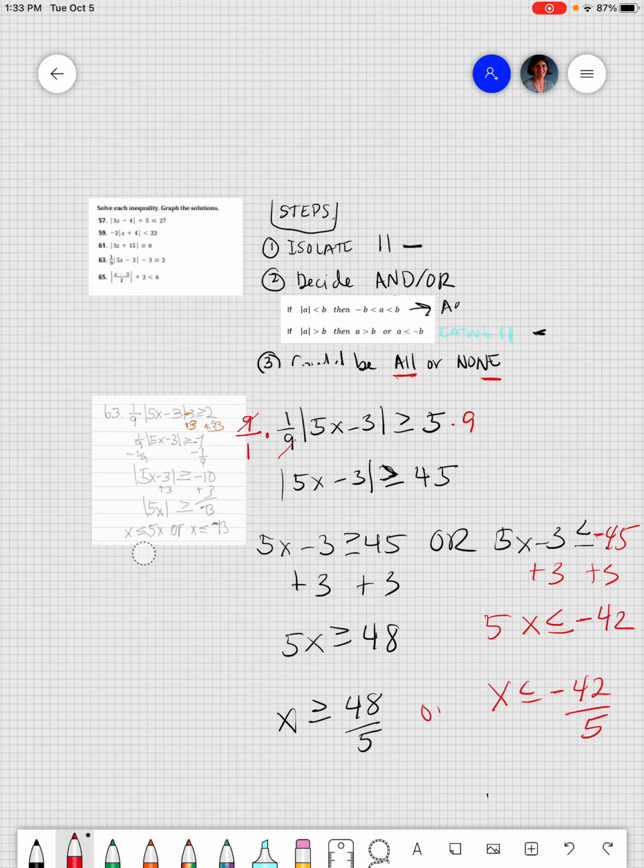This is an or statement, so negative 42/5 is a little bit less than negative 8, because 5 times 8 is 40. And the other is a little bit more than 9, and my solutions are going out from it.